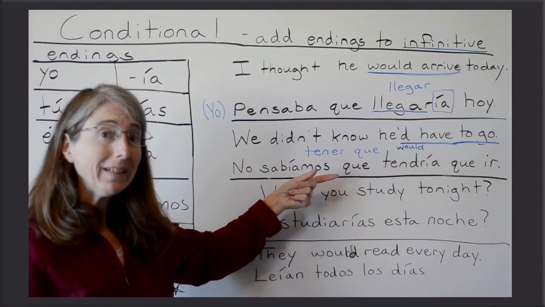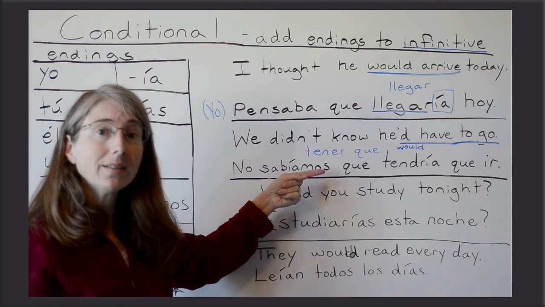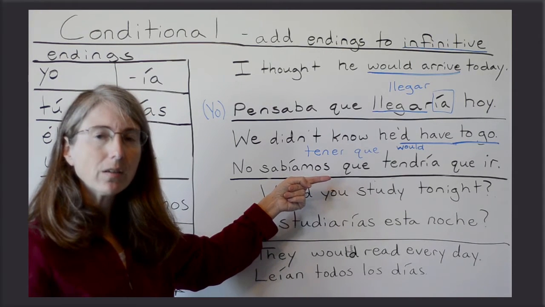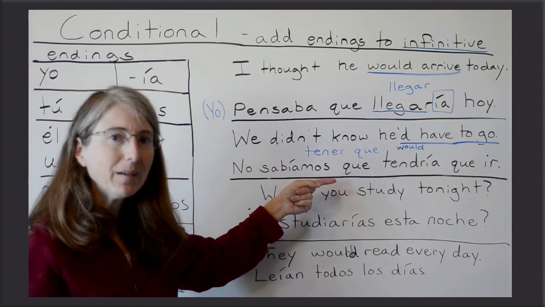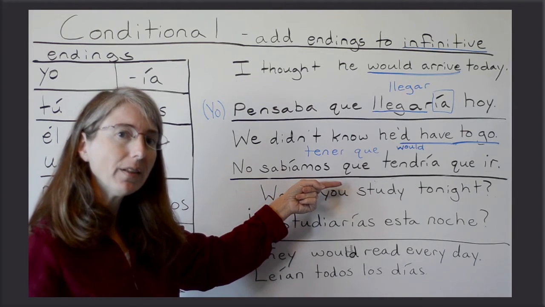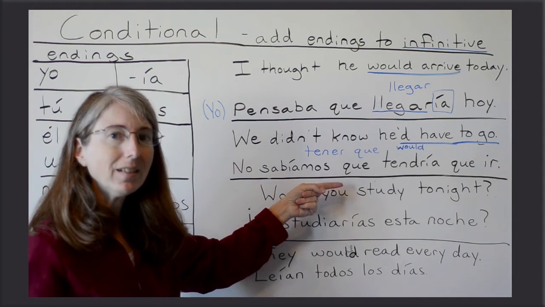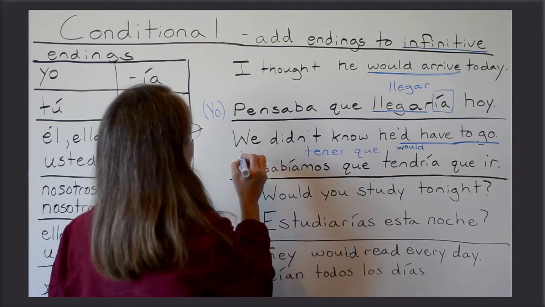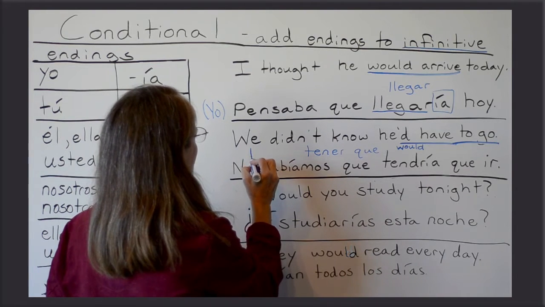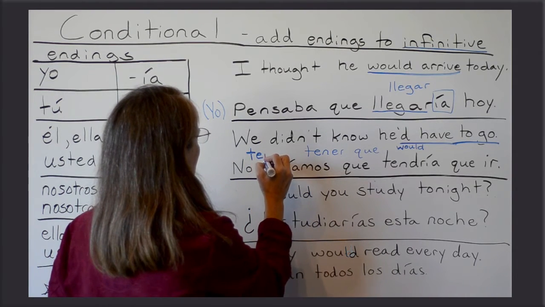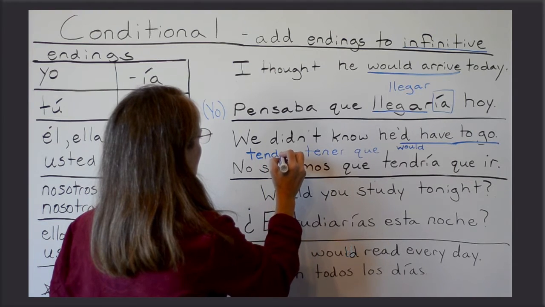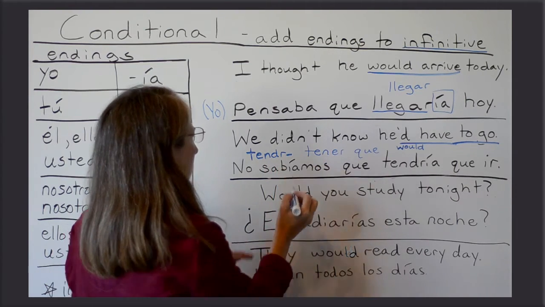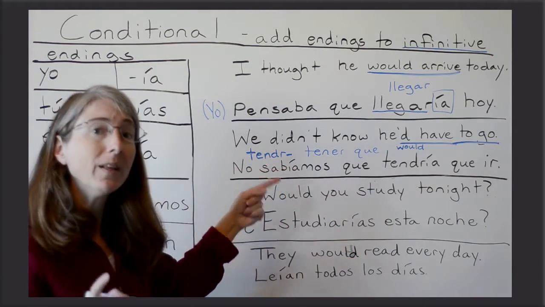So we use the conditional tense for tener, and tener in the conditional is irregular. The stem actually is not the infinitive, it's T-E-N-D-R, tendr-. And then we add the ending.